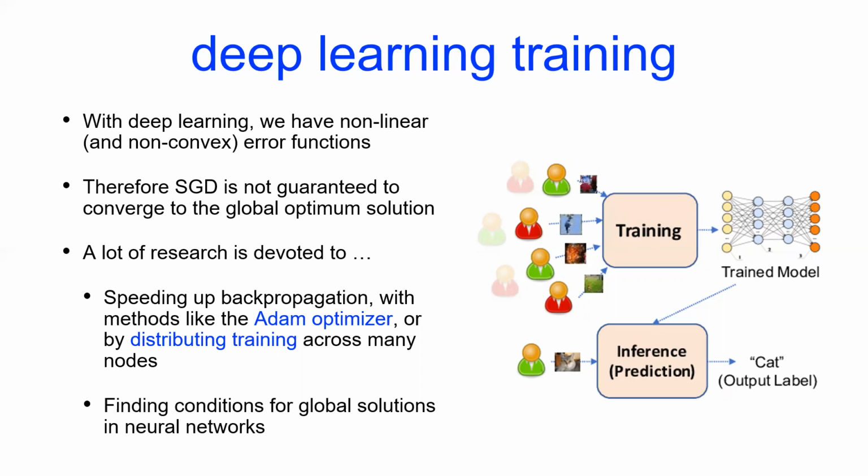You need this type of beautiful shape, so you can know there's a lowest point there. But if you have a function like this, there are a lot of local optima. This is the case for deep learning. Usually you have a lot of local optima, so it's not certain which one is better.